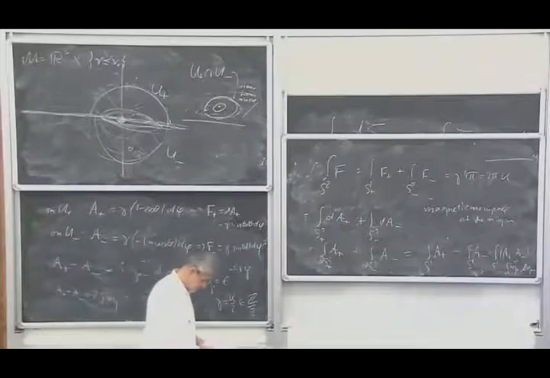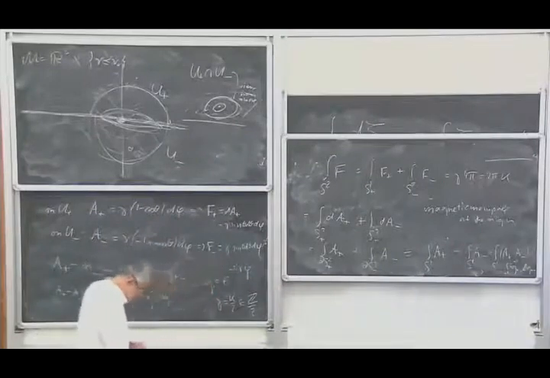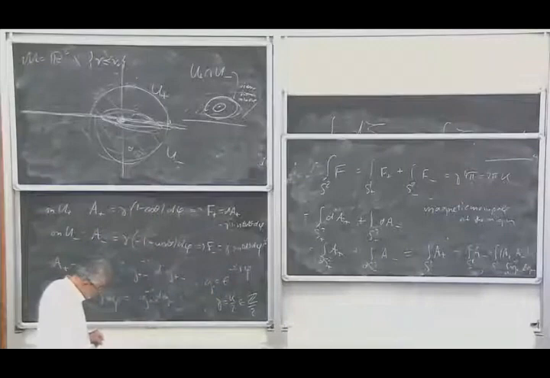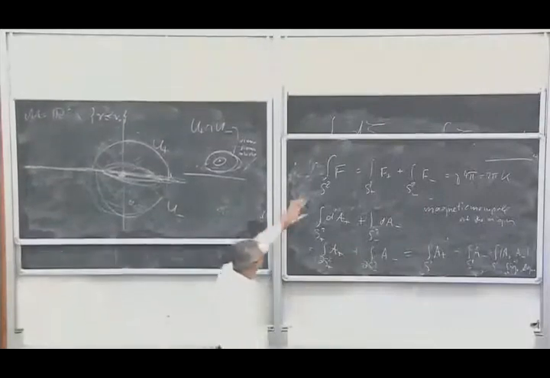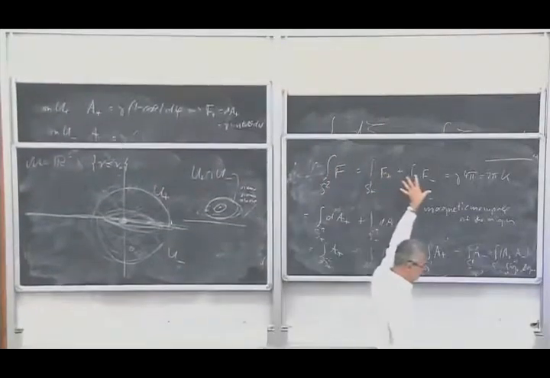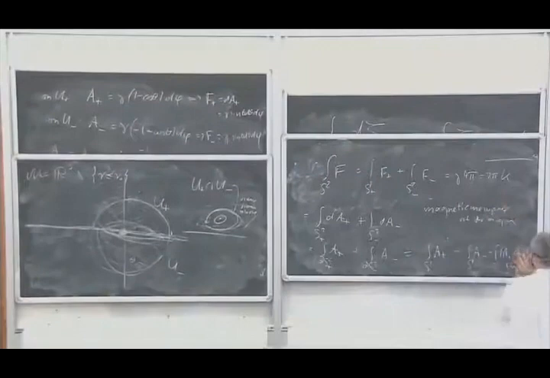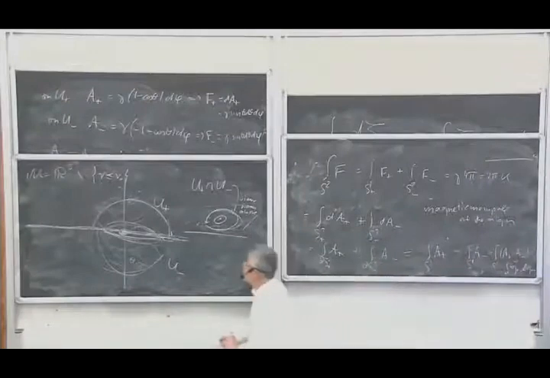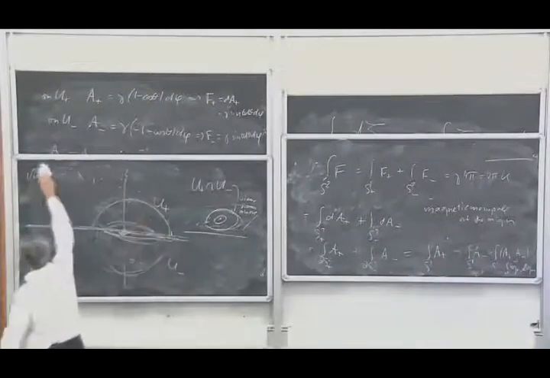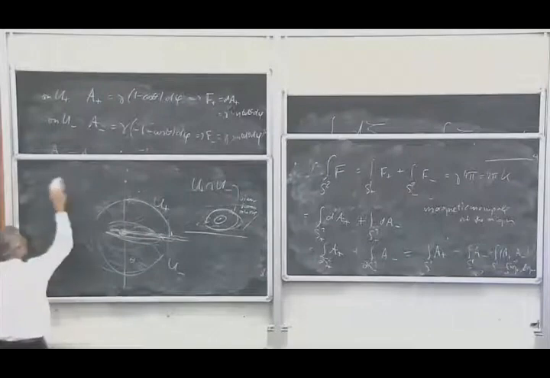Okay. Now, why do I insist on this example? Because it's amazing that we compute the integral of some field strength F, and we find that it's given by some integer. And that's the simplest example of what's called a characteristic class.